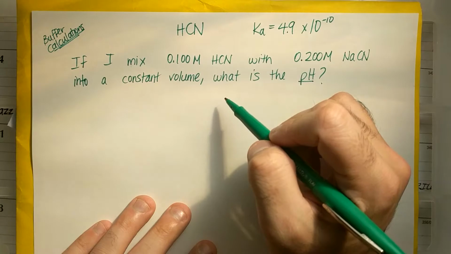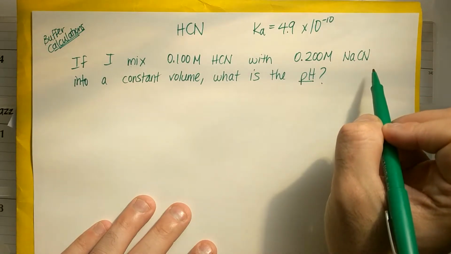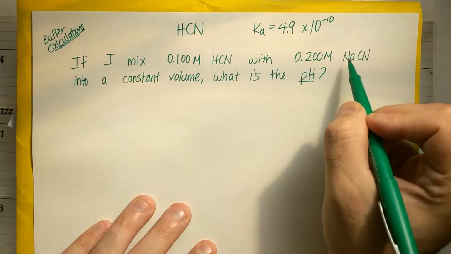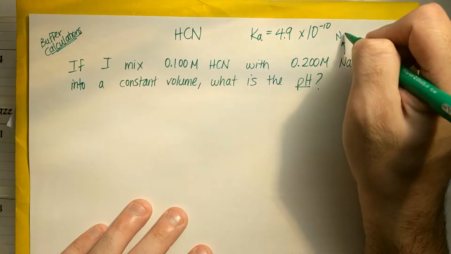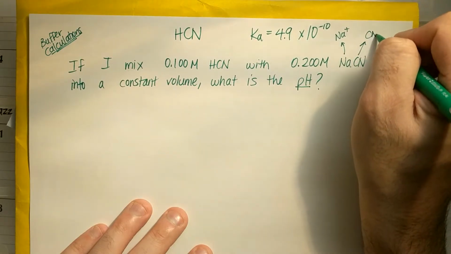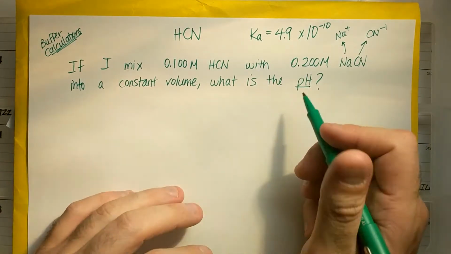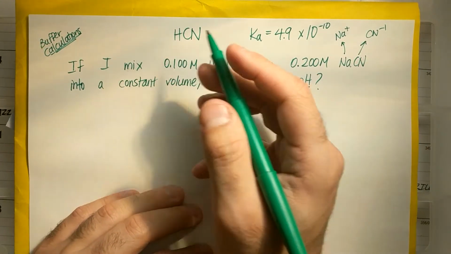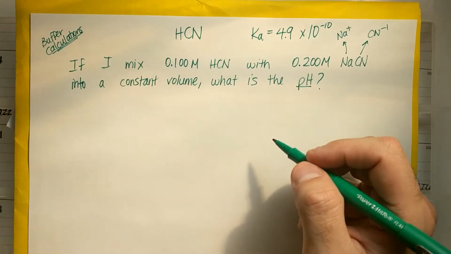I need to figure out how much H plus, and then I put its conjugate base CN minus kind of secretly hidden in there. Don't forget about our ions business here. I have Na plus and CN minus here. So if I throw that in here, CN minus is very important for HCN. So if I have a question like this, it doesn't matter how you write this.